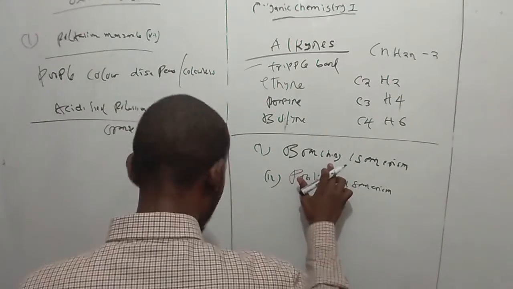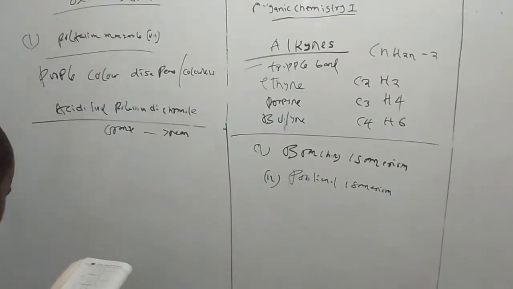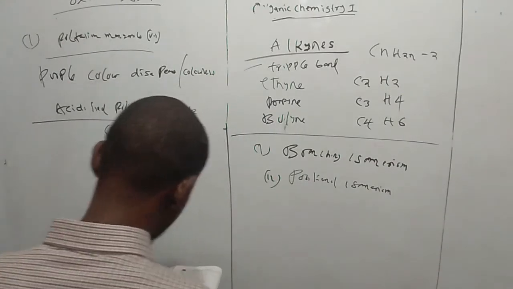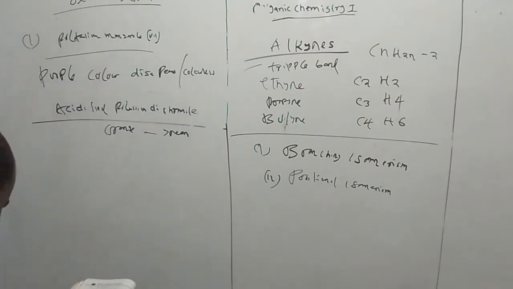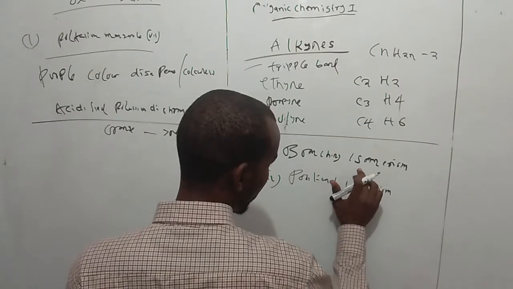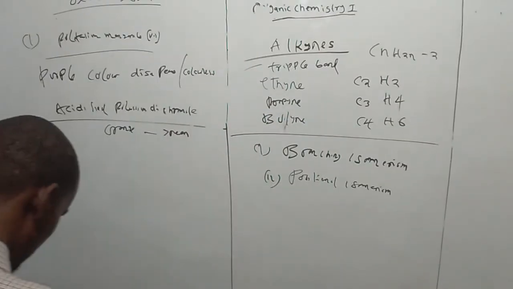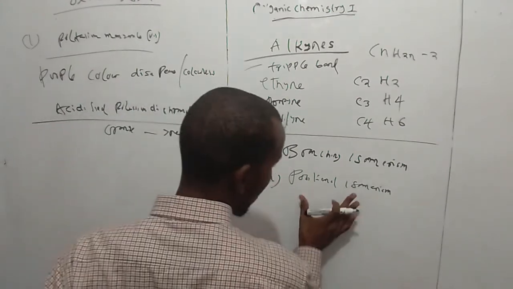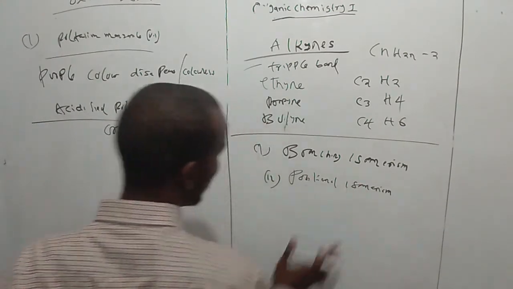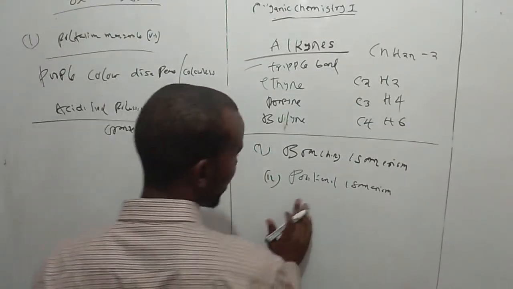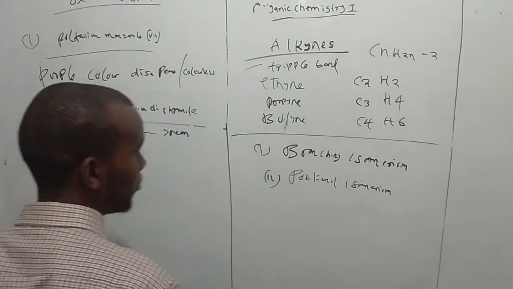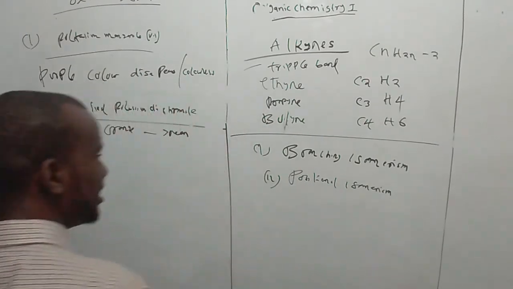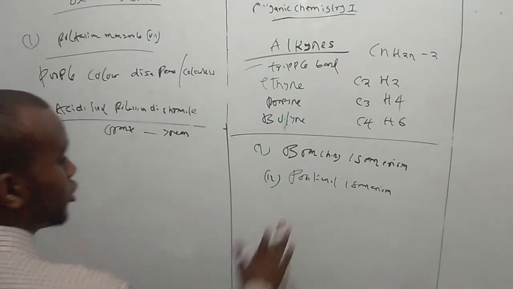Branching isomerism is when the substituent group in the molecule is changed by putting the carbon atom in the substituent group. The same with position, which is when the triple bond changes position. I'm not going to focus on it because we have done it under alkane and alkene.